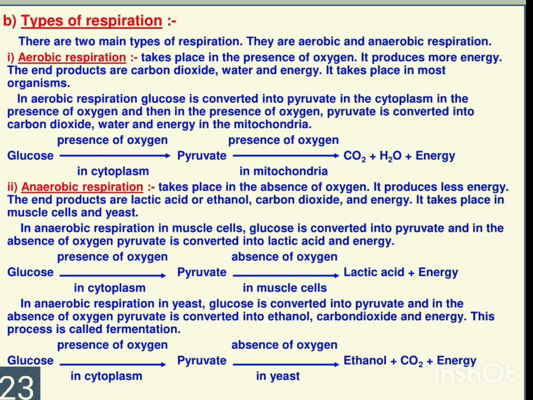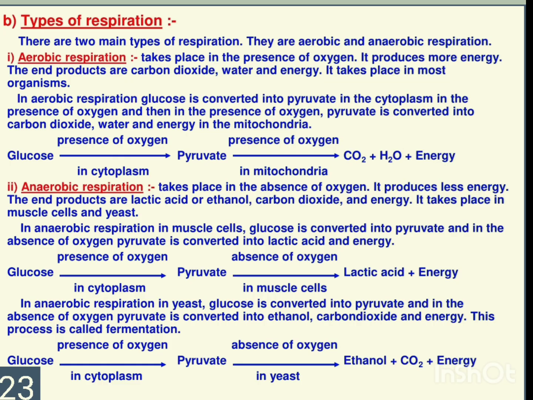This is about aerobic respiration. Aerobic respiration happens in the presence of oxygen. Glucose is converted to pyruvate in the cytoplasm, whereas pyruvate is converted to CO2, H2O and energy in the mitochondria.